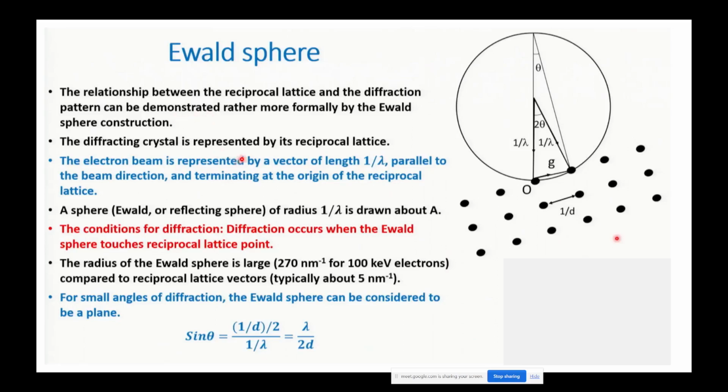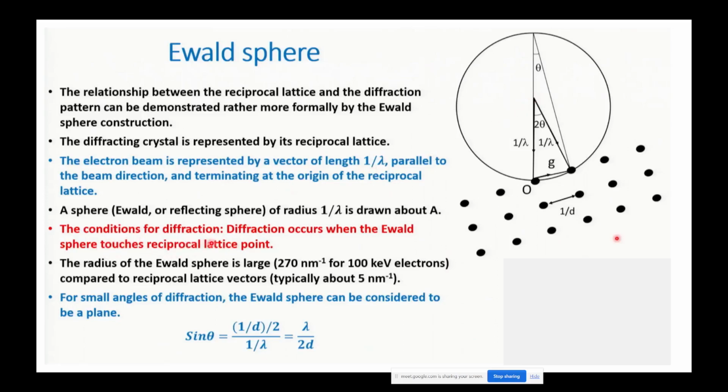Here the electron beam is represented by a vector of length 1/lambda, parallel to the beam direction and terminating at the origin of the reciprocal lattice. So the radius will be 1/lambda. The condition for diffraction is an important point to remember.